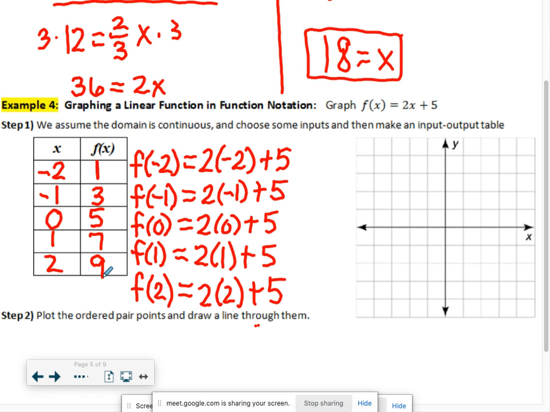And you can always check, look, I'm going up by 2 each time. Did that work out in our table? That's a line. Yeah. And now we can graph it.